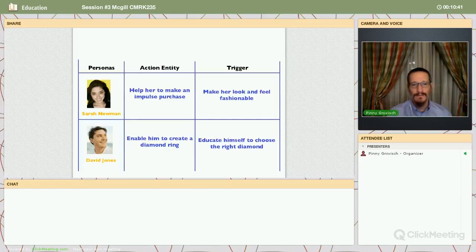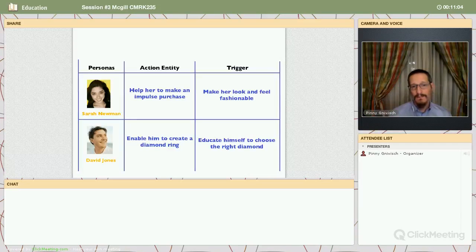So again, when we think about these different personas, what's the action that we want? What is the trigger here? The action is to help her make an impulse buy. And what triggers her is the look and feel that makes her feel fashionable and fresh, and keeping the content always fresh so she has a reason to come back.